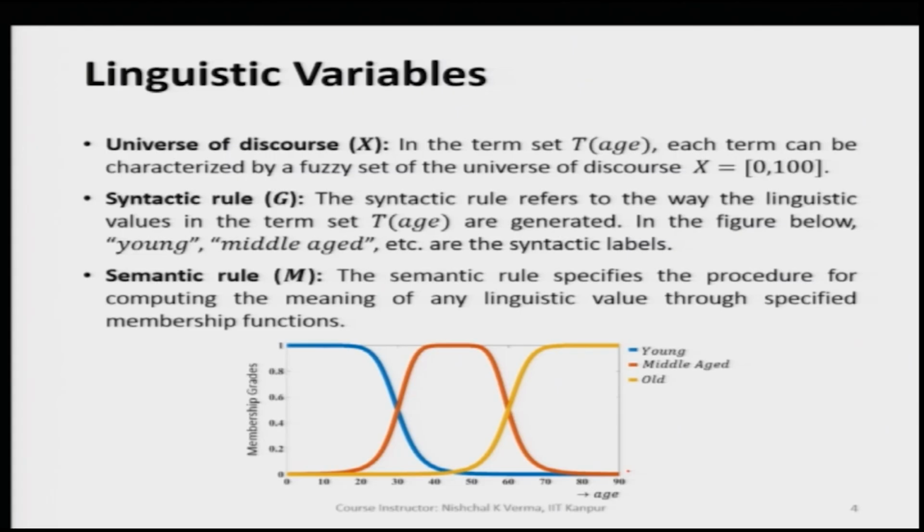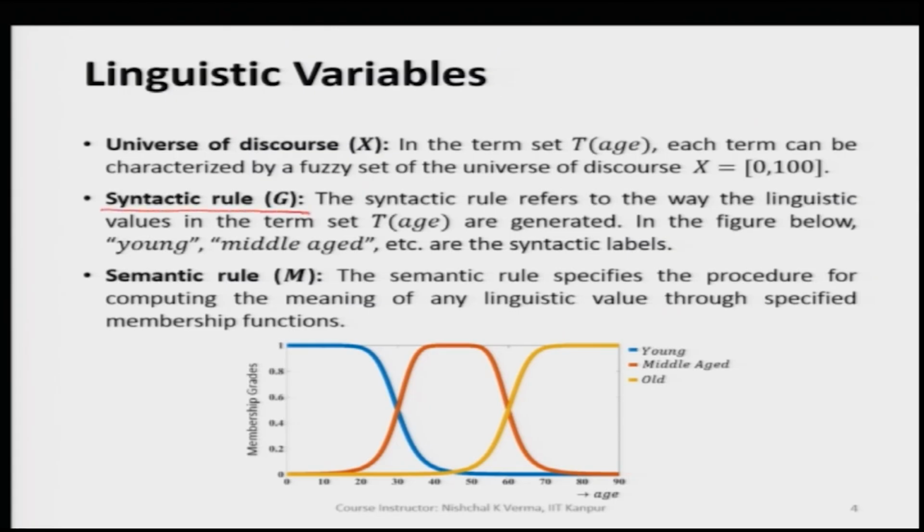So, the total space is termed the universe of discourse, capital X. In the term set T(x), each term can be characterized by a fuzzy set of a universe of discourse. The capital X here is the universe of discourse, and it says that whatever value the small x or age can take will belong within the limit of the universe of discourse. Then comes the syntactic rule here.